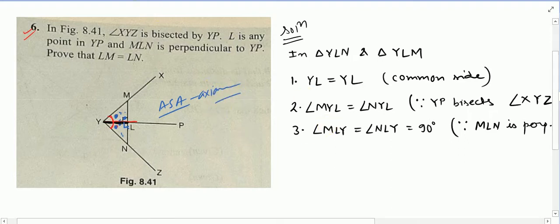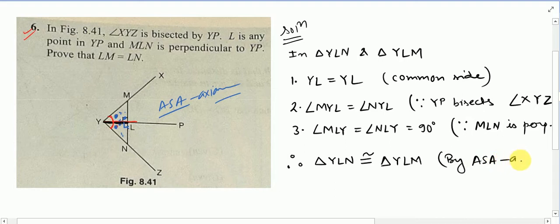Okay. So we will write, therefore, triangle YLN is congruent to triangle YLM by angle, side, angle axiom. Okay.